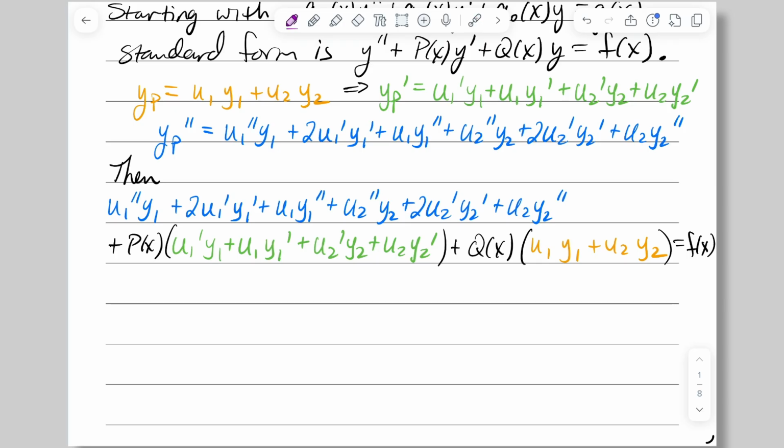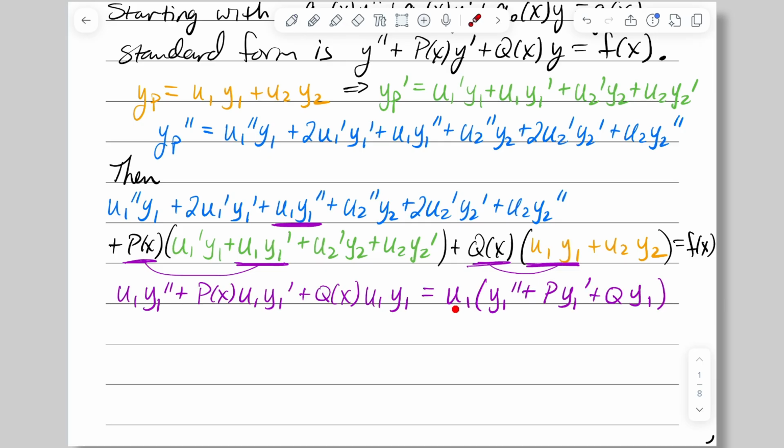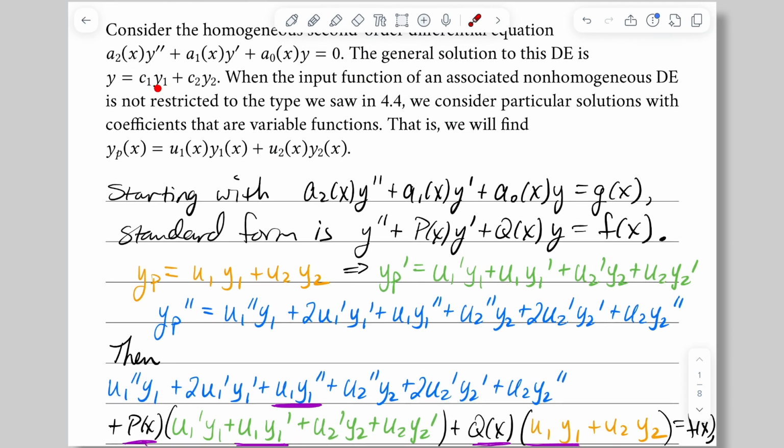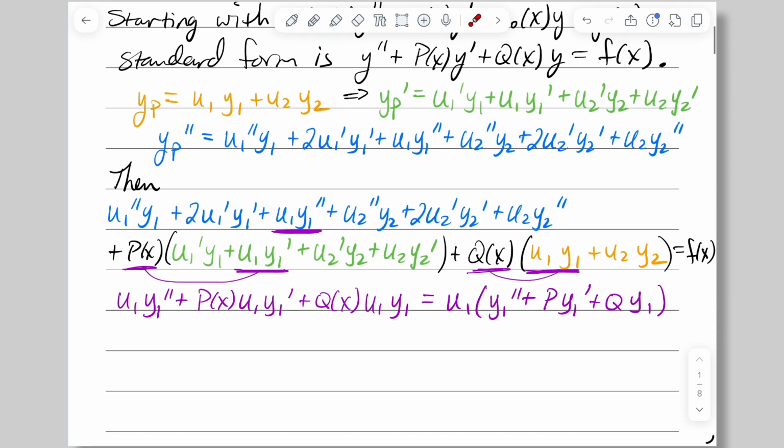Let's focus on one particular set of terms. u1 y1 double prime plus p of x times u1 y1 prime plus q of x times u1 y1. Pulling those out of this, we get u1 times the quantity of y1 double prime plus p y1 prime plus q y1. The reason this matters is we said that y1 was one of the solutions to the homogeneous differential equation.